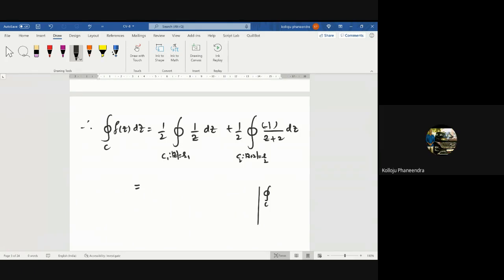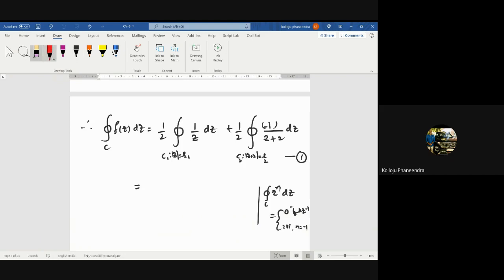See, this one. Z minus a, or z power n, I think we solved that, right? Do you remember? The integral of z power n dz. This value is 0 if n is not equal to minus 1. If n equal to minus 1, this value is 2 pi i. Do you remember? I'm taking this as 1.